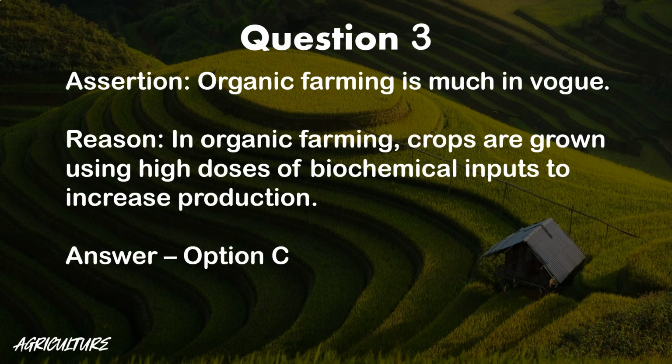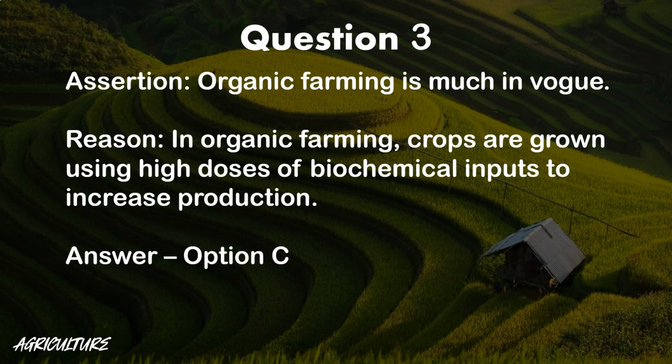Yes, it's true. Organic farming is definitely the latest trend, because all the wealthy people are consuming organically cultivated crops, because they don't use any biochemical inputs. They're grown in soil that doesn't use any fertilizer or pesticides. And organic farming is also much more expensive. It's only for the rich people, so obviously it's the trend.